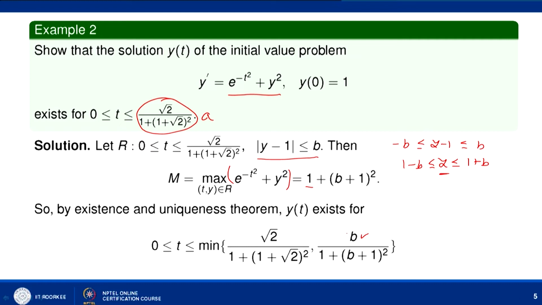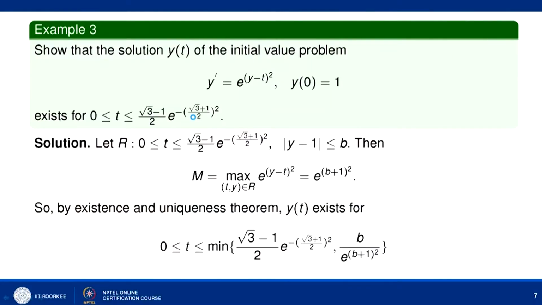This also comes out to be the same, root 2 upon (1 plus root 2) whole square. So, we can say that the solution exists in the interval t greater than or equal to 0, less than or equal to this quantity, root 2 upon (1 plus root 2) whole square. So, here we have shown that the solution y of t of this initial value problem exists, and it is unique, and it is defined in this particular interval.